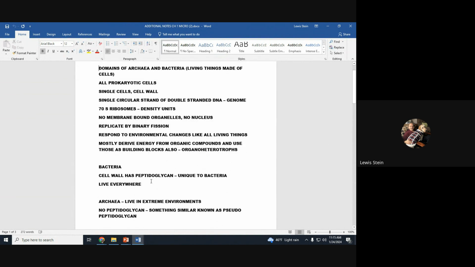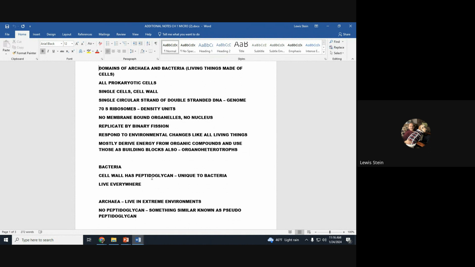How are bacteria distinctive? When you use the term unique in science, unique doesn't mean it's really interesting or exciting. Unique doesn't just mean different. Unique means it's here and nowhere else. Bacteria are the only thing on the planet that has this magic material called peptidoglycan, which is a combination of peptides, which are amino acid chains, and glycans, which are carbohydrates that have nitrogen in them.